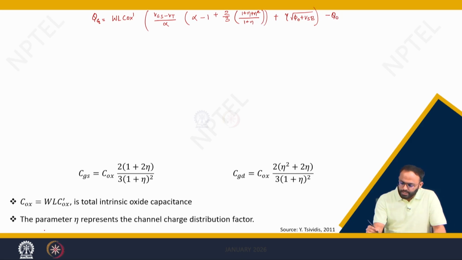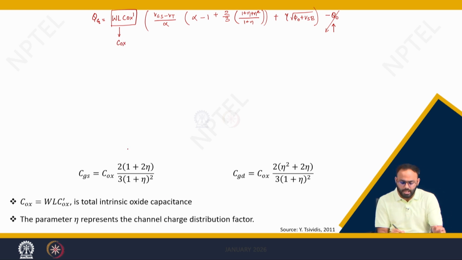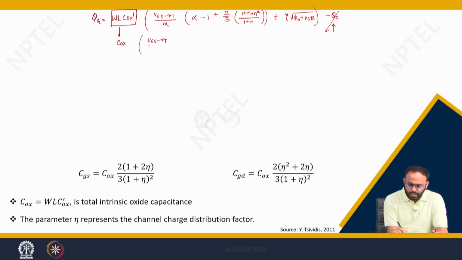Here we are considering there is no oxide charge, or the oxide charge will be fixed. So the differentiation of Q naught will be 0. Similarly, this is represented as total capacitance because we are multiplying with the area. So total capacitance COX into VGS minus VT divided by alpha into alpha minus 1 plus 2 by 3 into 1 plus eta square by 1 plus eta.